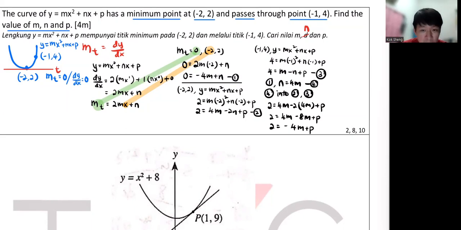Yes, we're going to stop it here. -4m plus p equals to 2. 1, 2, 3, 4. Okay, this is the fifth.